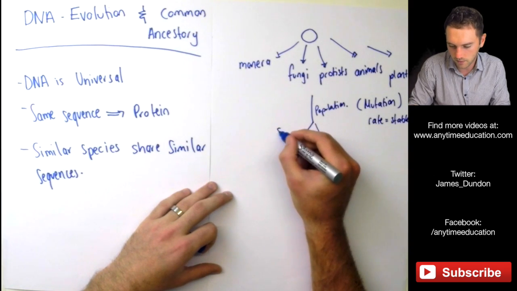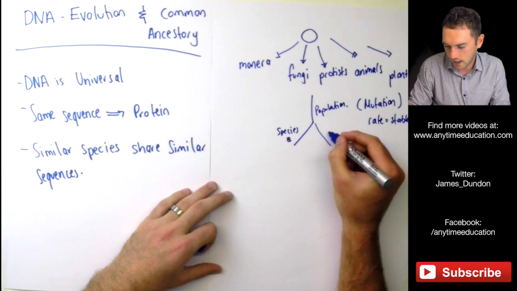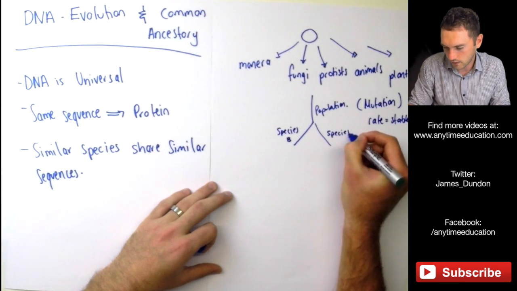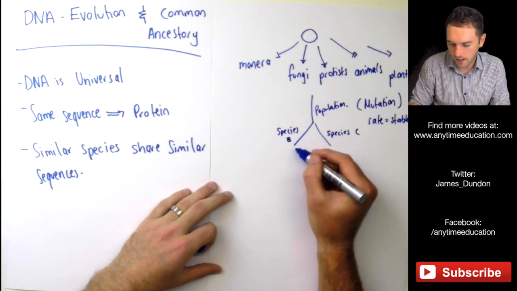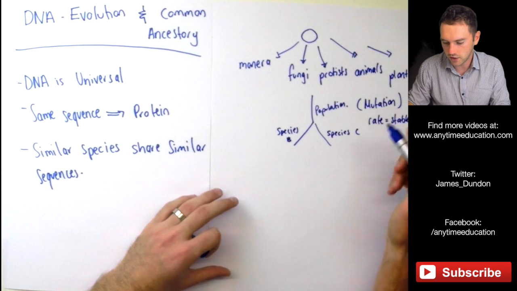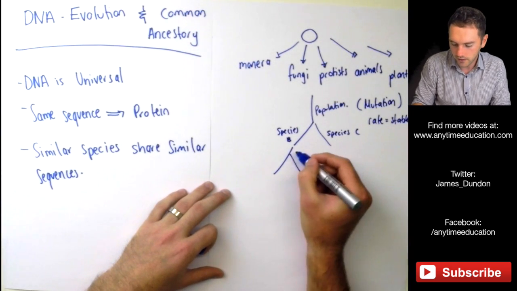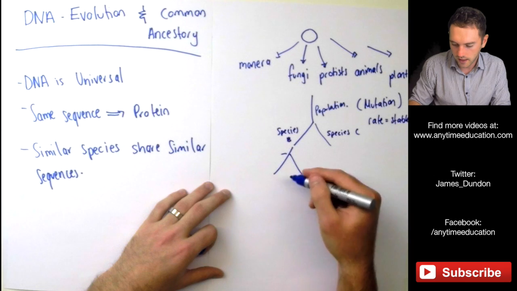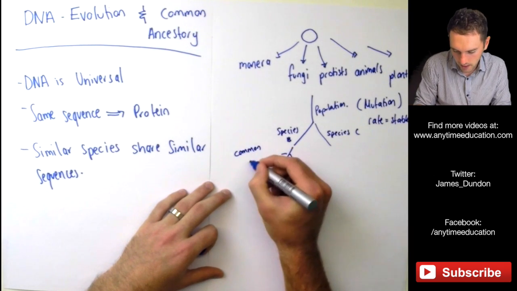So this could be species B and species C. And then species B, again, the population divides, new natural selection processes, mutation, and we divide again. Every time we see this divide, these are areas where we say that this was a common ancestor.